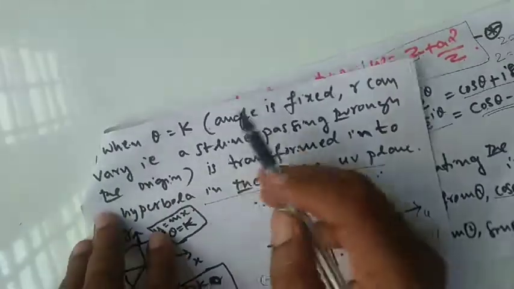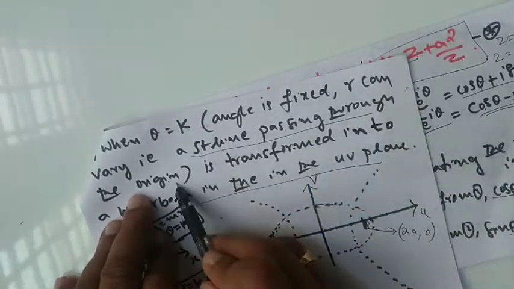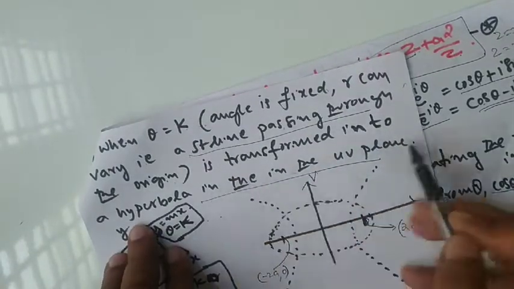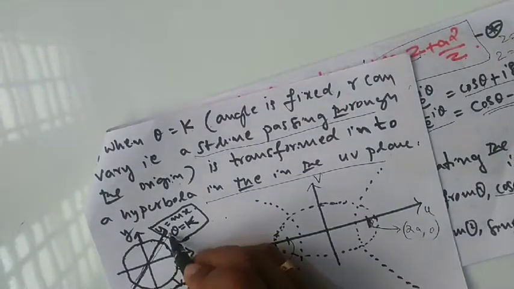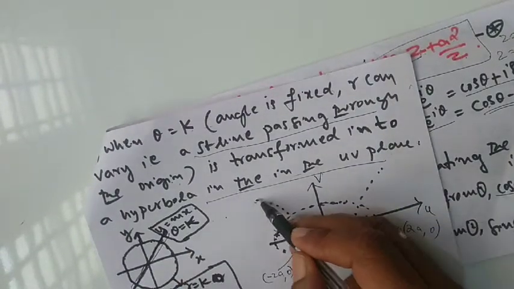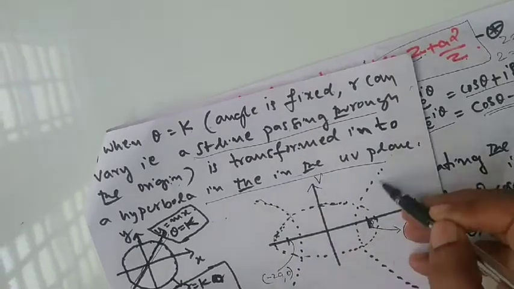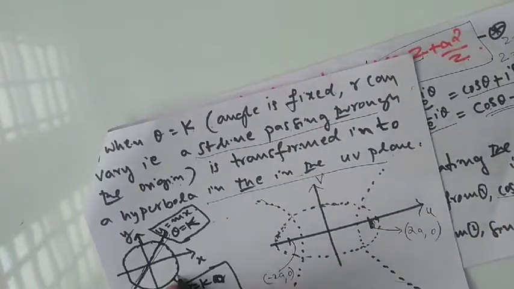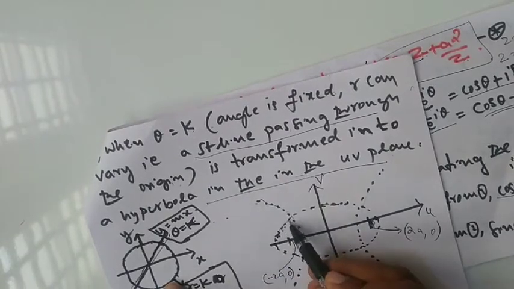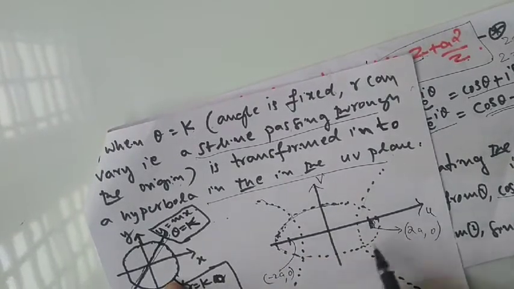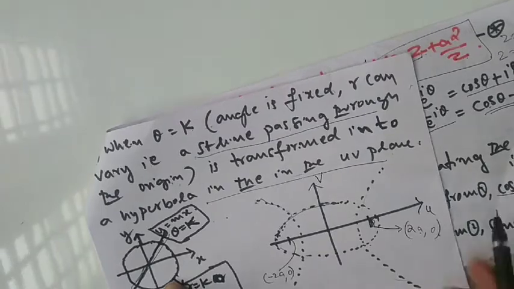When I take a straight line passing through the origin, it gets transformed to a hyperbola. Observe, this is the straight line I have taken. This straight line is transformed to this hyperbola like this. When I take a circle, in the first case, it gets transformed into an ellipse with foci at plus or minus 2a, 0. Okay, let us stop at this.